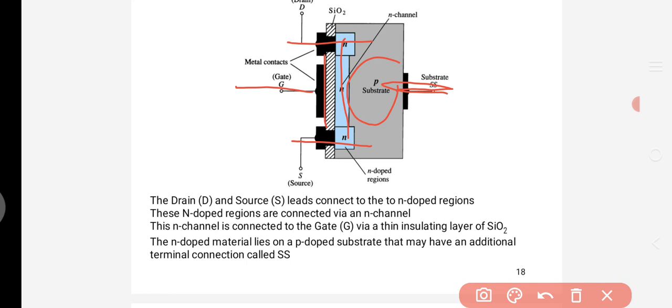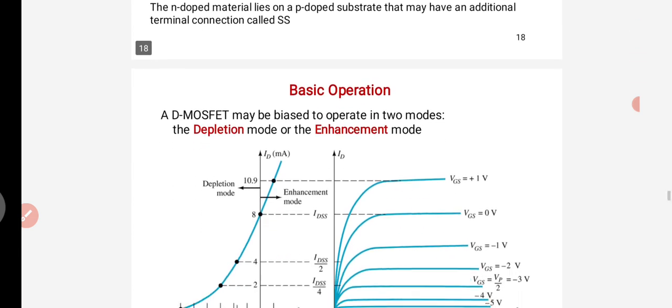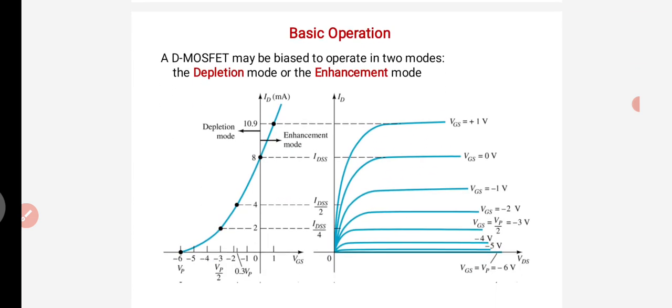This is the construction of a depletion mode NMOS transistor. It is called NMOS because the channel here is N, so the type of channel is an N channel. Next, now let us go for the operation, the basic operation of this depletion mode NMOS transistor.